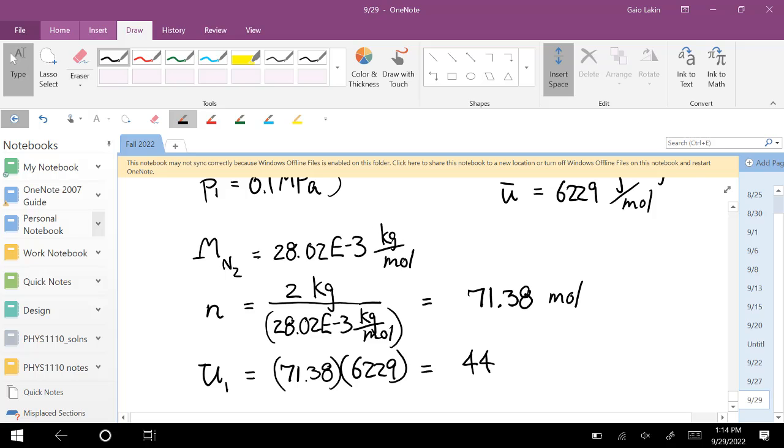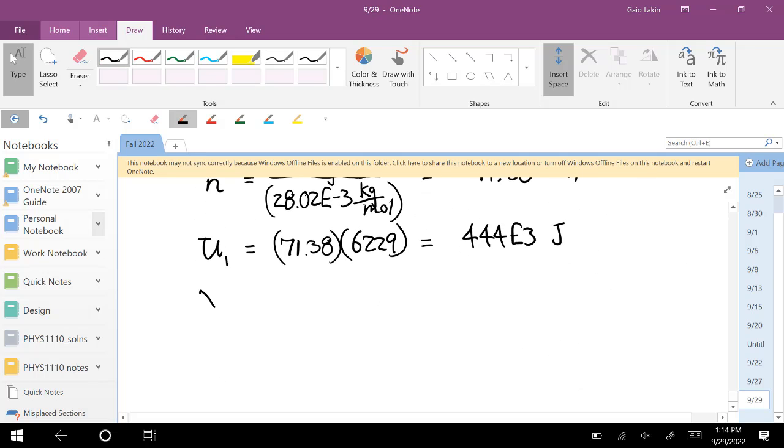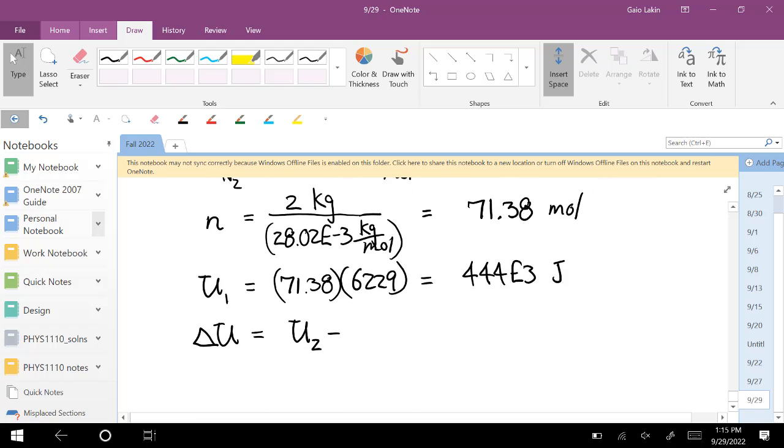And that gives 444 times 10 to the third joules. Well, our change in internal energy is the internal energy at the second instant minus the internal energy at the first instant, 444 times 10 to the third.